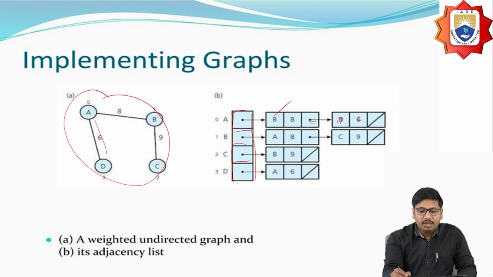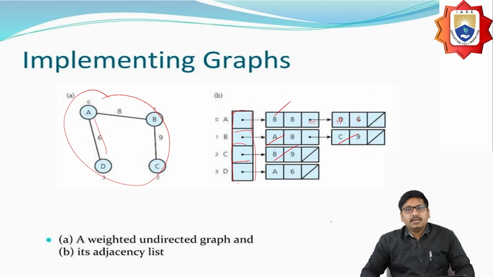Similarly from B, what are the edges that are connected? A 8, and then B to C 9, and for C there is only B 9. So like this we are going to represent the adjacency list for graphs as well.